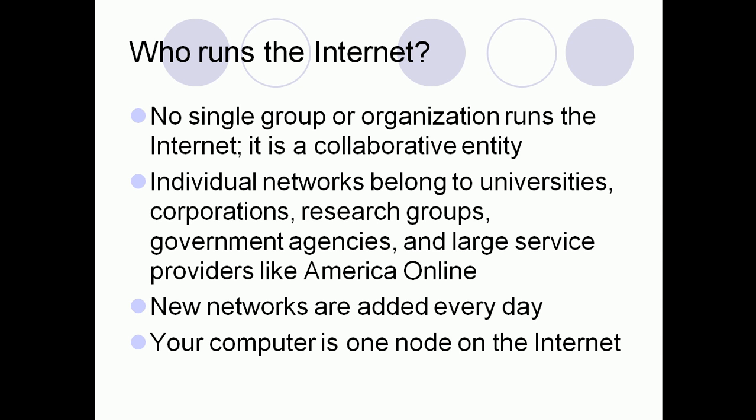So we say that universities, corporations, research groups all come together with their networks connected together to form the internet. Government agencies also, then also large service providers like America Online. Now, new networks are added every day.